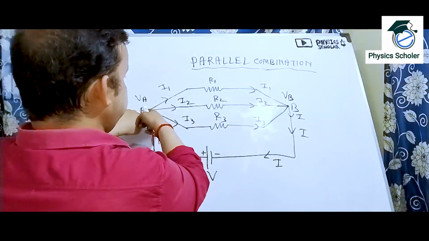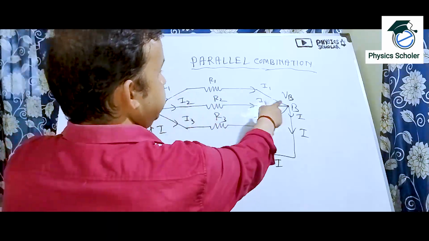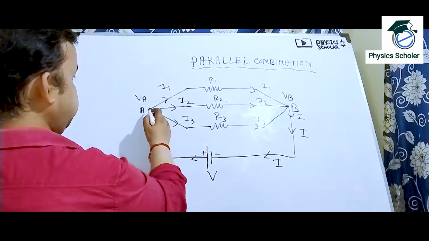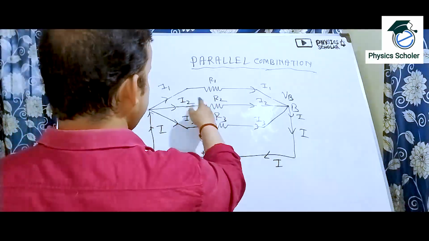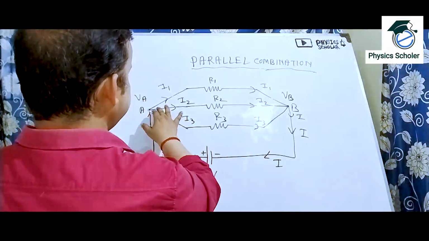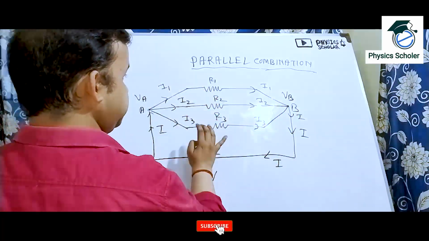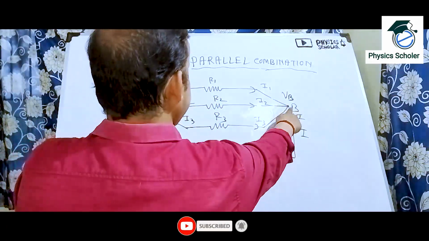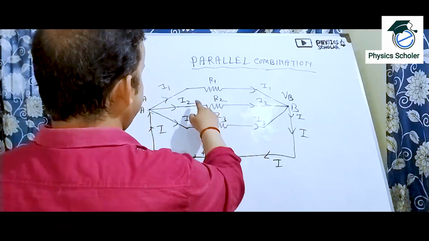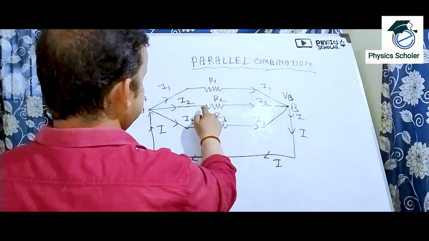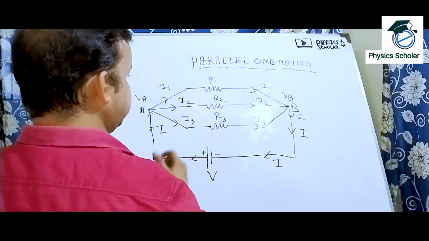As the current is flowing from A to B, the potential of A will be higher than the potential of B. So the potential difference will be VA minus VB, and that will be the same for all the resistances. The potential difference across each resistance will be the same if they are connected in parallel. But the flow of current through each resistance will be different. Here it is I1, here it is I2, here it is I3.